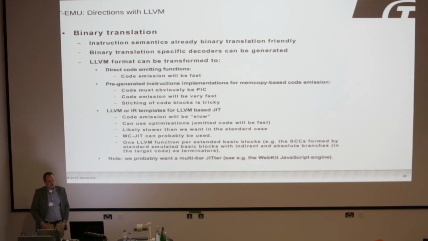And we can also generate different types of binary translators. Some of this means that you're generating x86 code directly, so it will not be portable, but the framework will be at least. For example, we can transform the LLVM assembler to code that emits the assembler for each instruction directly.